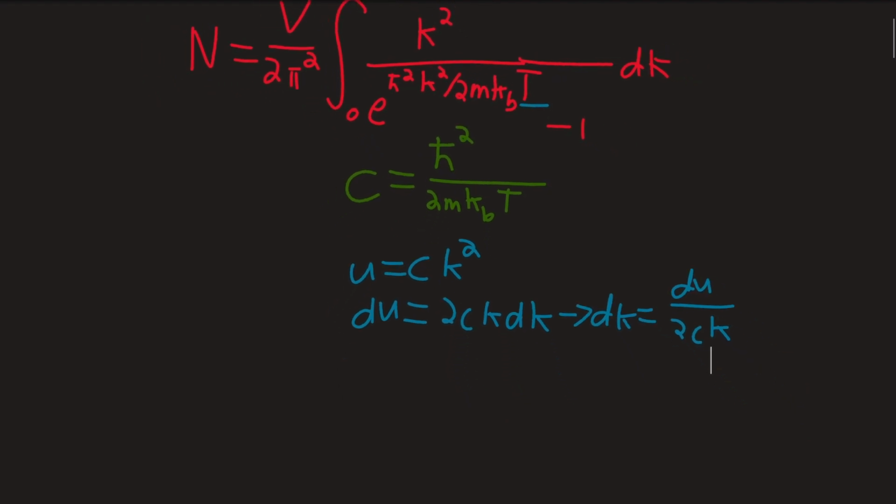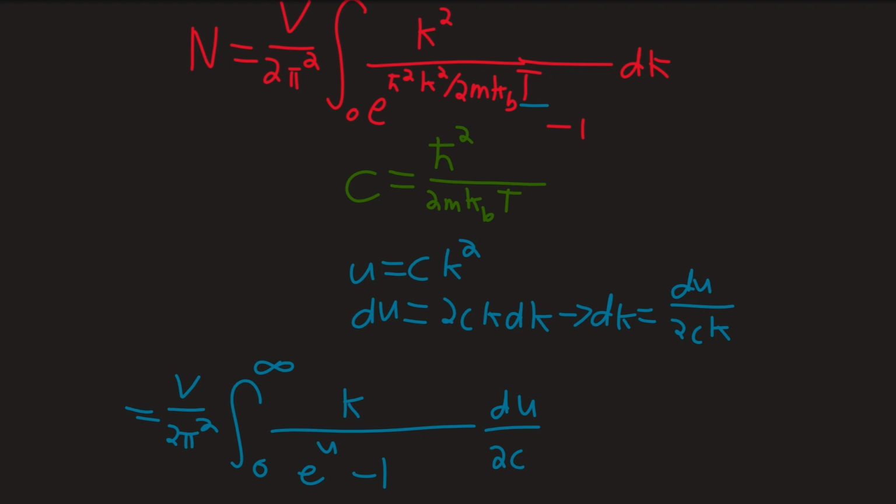So all I'm going to do is sub that in real fast, meaning that our n is equal to our V over 2 pi squared still, times our integral, our bounds aren't changing, and we have our k squared over k, so I'm just going to write that as k on top, simplify that now, over e to the u, that's just by definition, minus 1, and then times du over 2c.